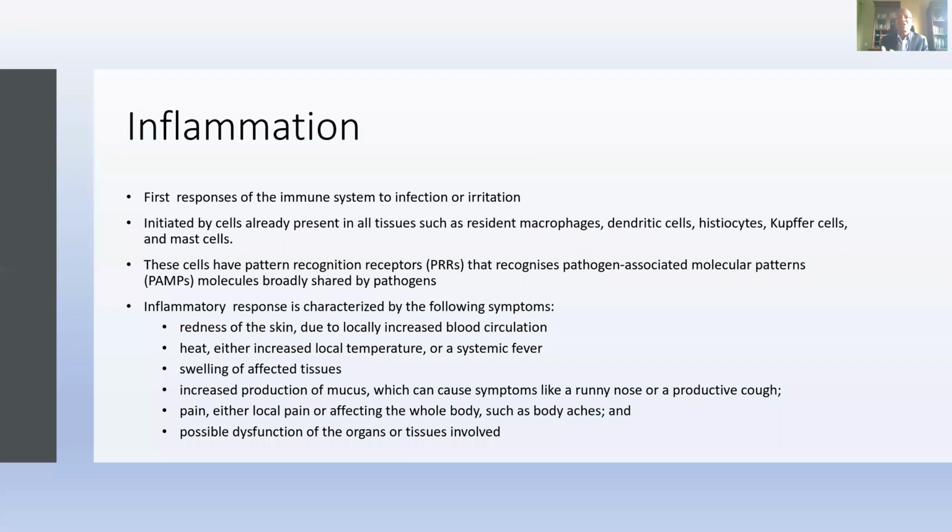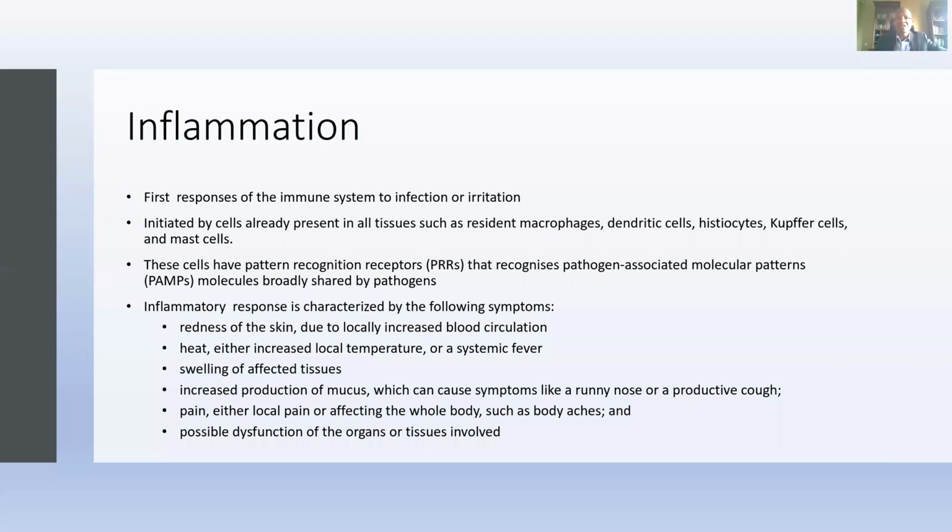These pathogen-associated molecules are almost the same across many pathogens. They are constant, they don't change, but you may find one here and another one there. Now, the pattern recognition receptors, or what I'm calling sensors, are found within the innate immune system.